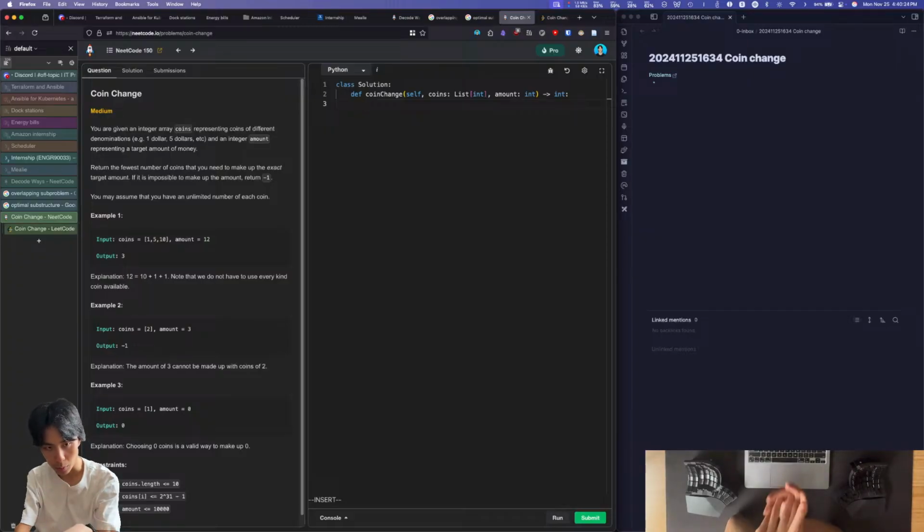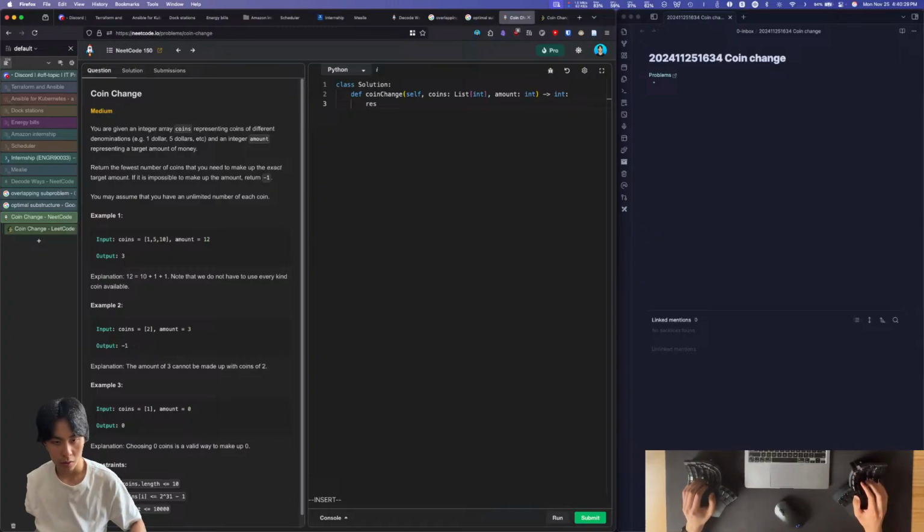If it is impossible to make up the amount, return -1. You may assume you have an unlimited number of each coin. Amount 12.